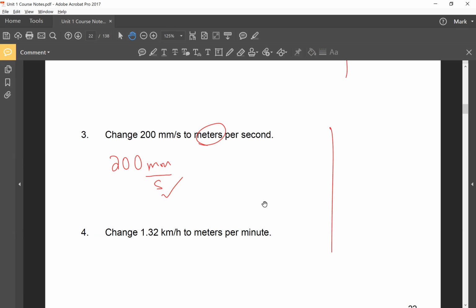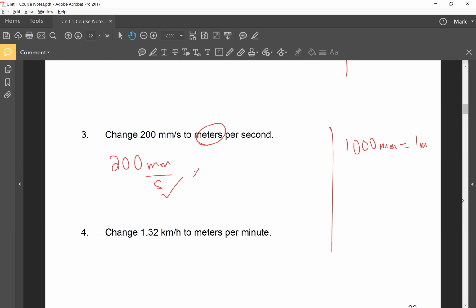If you scroll up, you can see in my notes, earlier in the notes, how many millimeters are in a meter. And the answer is there's 1,000 millimeters in 1 meter.